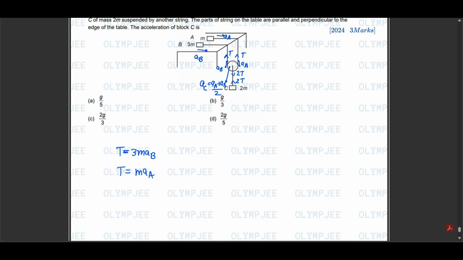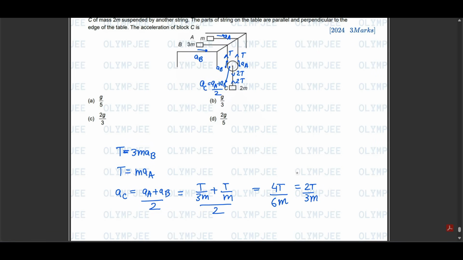And for AC, now we can write that AC is equal to (AA plus AB) by 2, which we can obtain in terms of tension by these two equations. So T by 3m plus T by m, by 2, is AC. So taking the LCM, this would become 4T by 6m, which is equal to 2T by 3m.